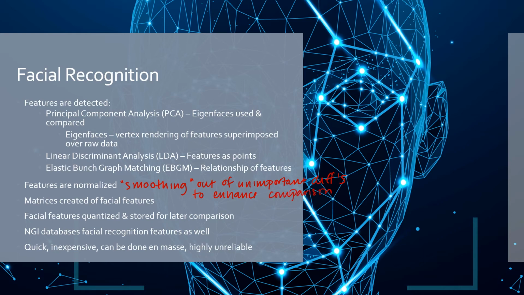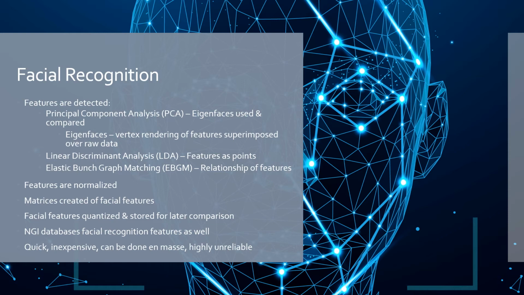So my head looks yay big on one picture. It looks quite a bit smaller in a second picture. If you overlay those two pictures, they're two different sizes, so they're not going to match. Normalization refers to the standardization of each of those images so that they can be appropriately overlaid and compared to one another.